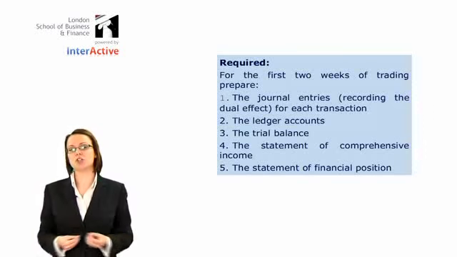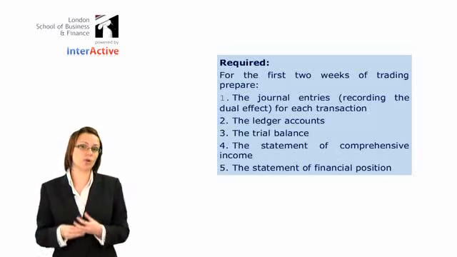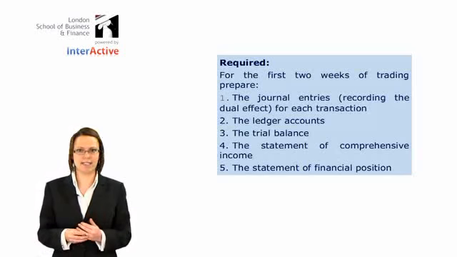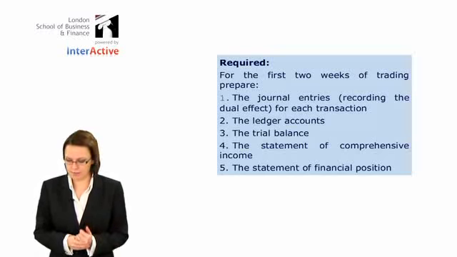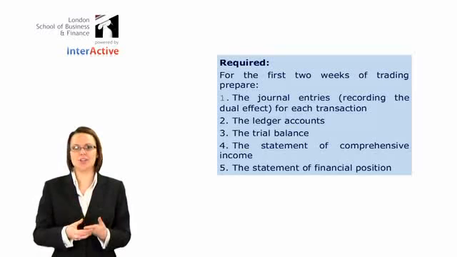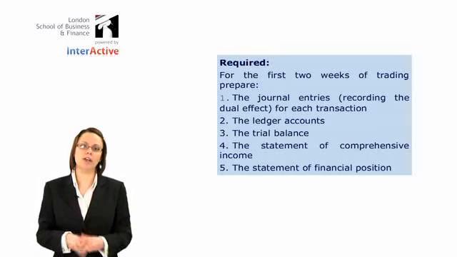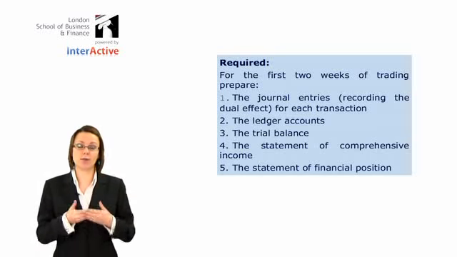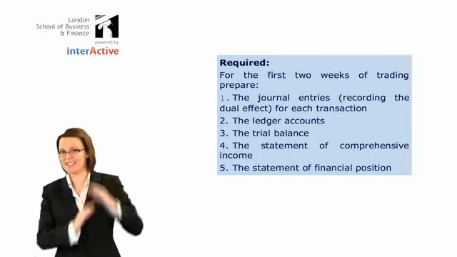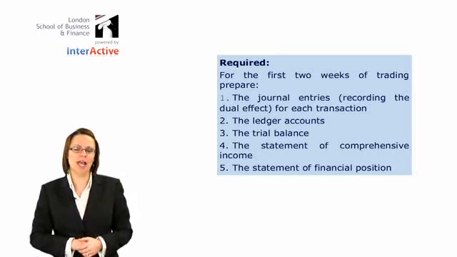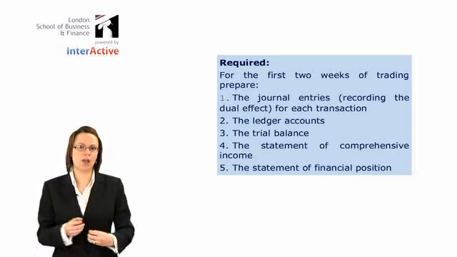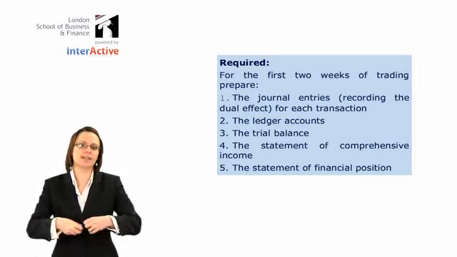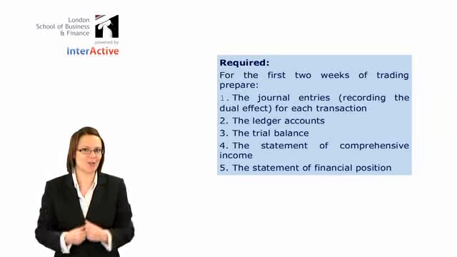And by recording that dual effect, we can then record the debit and the credit entry as well. Our second requirement is to prepare the ledger accounts. Okay, so remember in our previous session we saw the ledger accounts, or T accounts that I referred to, and that's going to be where we record the journal entries, where we physically update the ledger accounts for that dual effect.